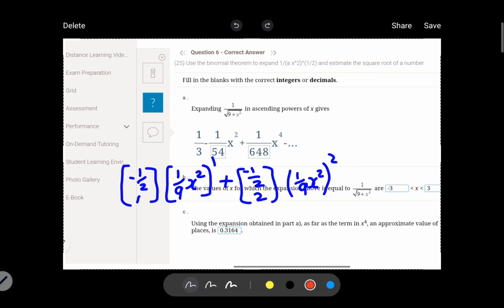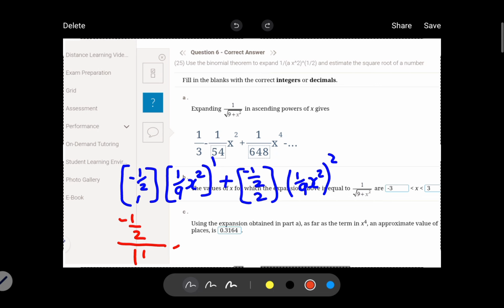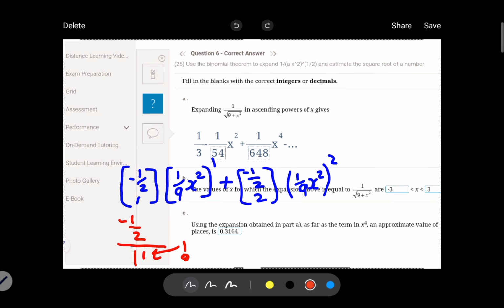Okay, so negative 1 over 2 over 1 factorial. This is factorial, guys. I don't know why it's not writing factorial. Okay. And 1 over 9 x squared to the power of 1 is basically times 1 over 9.